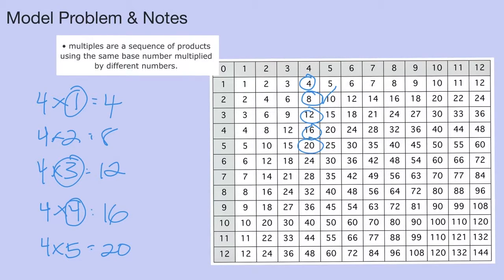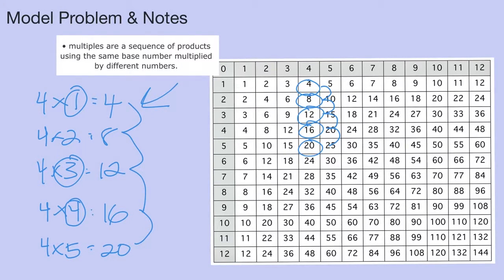So, these multiplication equations I have over here on the left actually match the column over there on the right, because I have 4, 8, 12, 16, and 20. Let me erase this so it's a little easier for you to see. If you look at the right-hand column now, you'll see 4, 8, 12, 16, and 20. So basically, it's adding 4 to each new number.